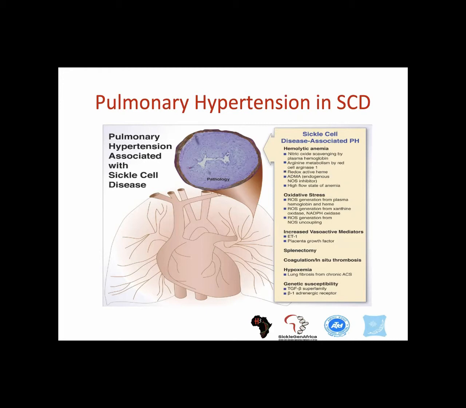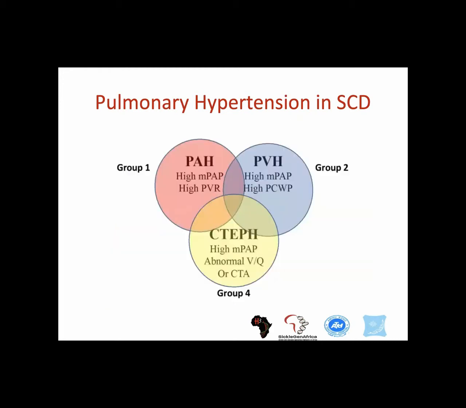Now, the World Health Organization classifies pulmonary hypertension, generally speaking, into 5 categories or groups. I'm not going to mention all of them, but in sickle cell disease, we should know that pulmonary hypertension is not a straightforward or single entity.